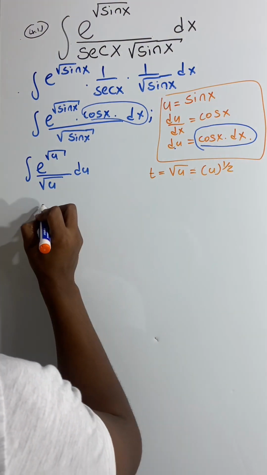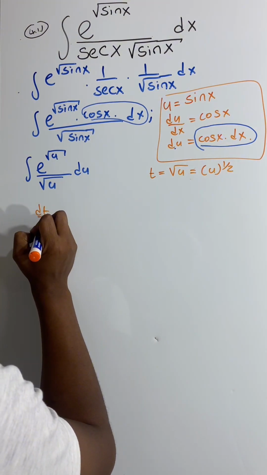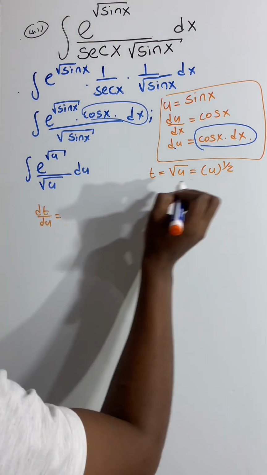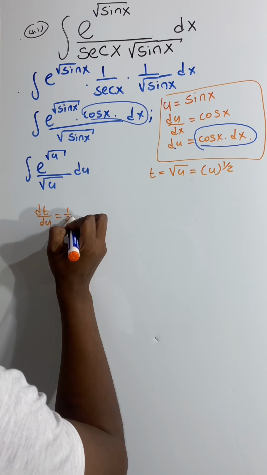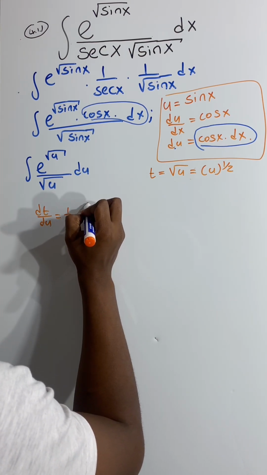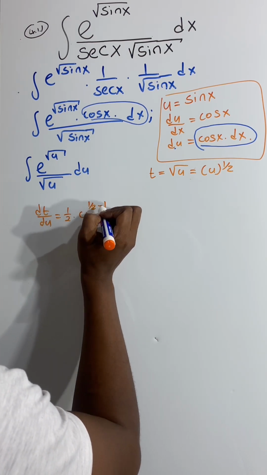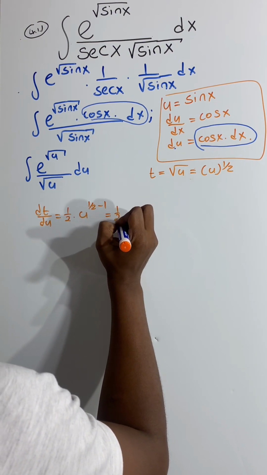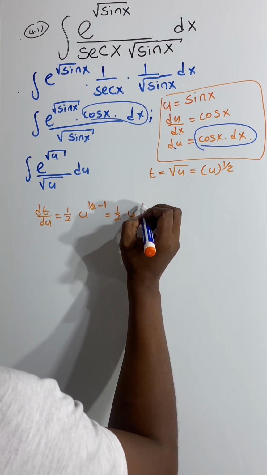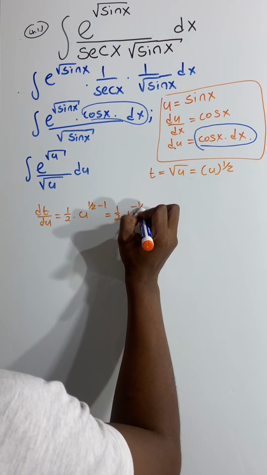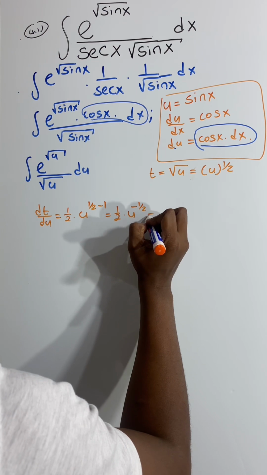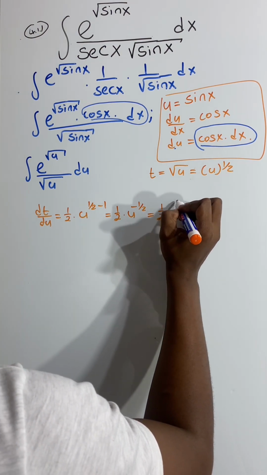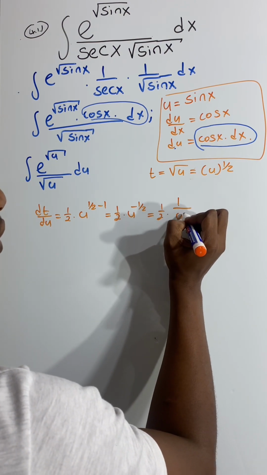So when we differentiate t with respect to u, we have 1 over 2 multiplied by u to the power 1 over 2 minus 1. 1 over 2 minus 1 gives negative 1 over 2, and this will be equal to 1 over 2 multiplied by 1 over u to the power 1 over 2.